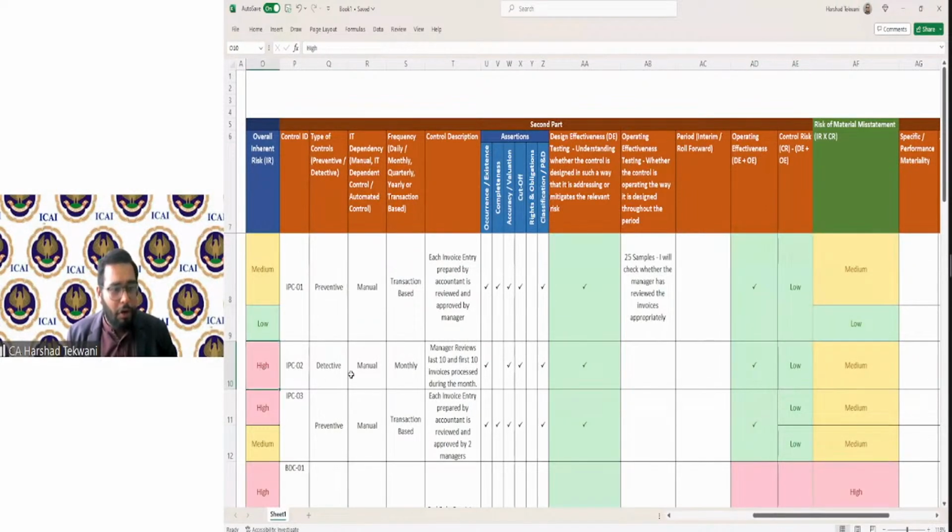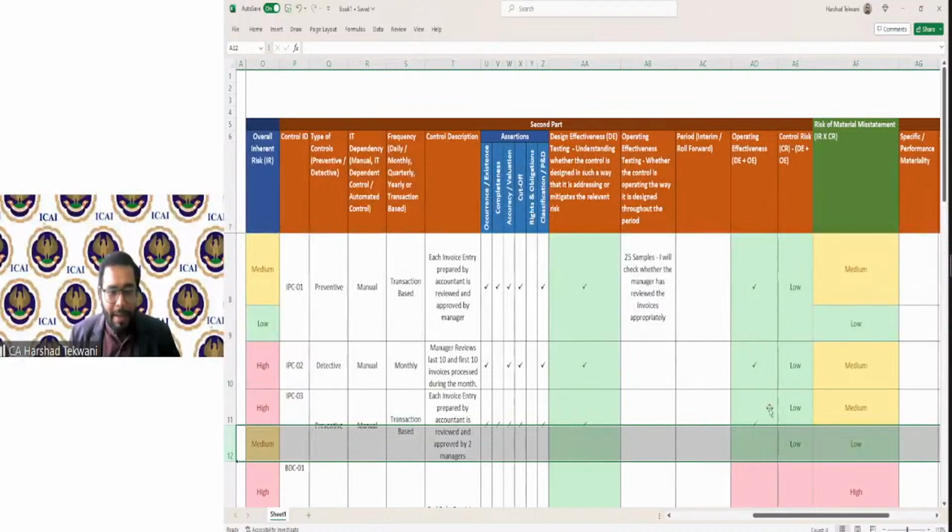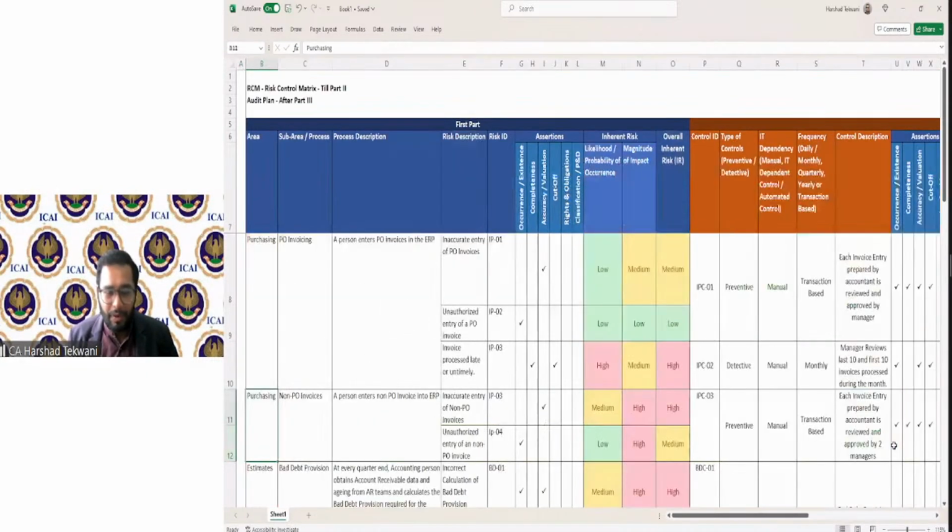Now it was a high overall inherent risk, low control risk, it becomes medium. High overall inherent risk, low control risk, again medium. Medium inherent risk, low control risk, I could place low overall risk of material misstatement. By comparing medium and low, I can make it low. That is the secret.